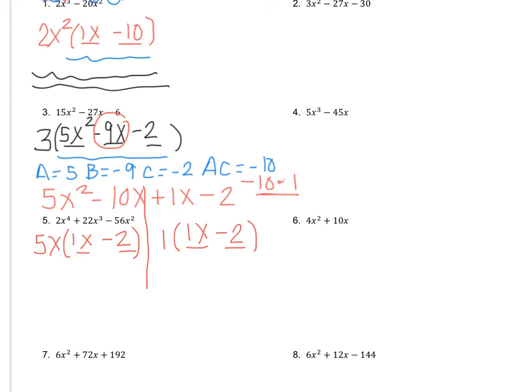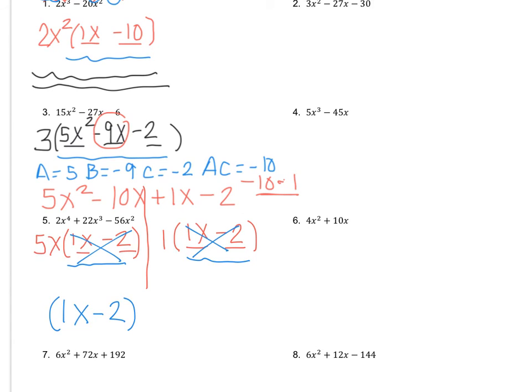Well, I have met my goal. Remember, this and this need to be the exact same thing. So I'm going to pull that out. 1x minus 2. Remember, you only write it once. So I'm going to cross it out.